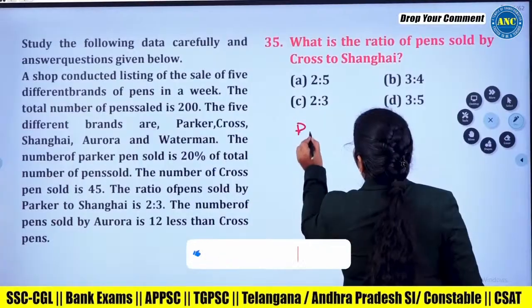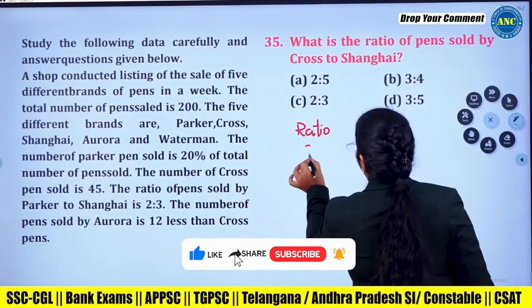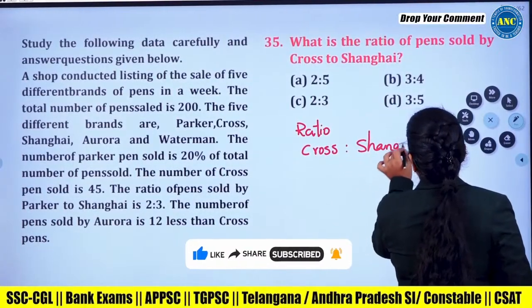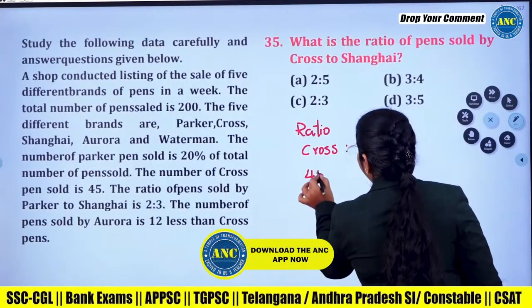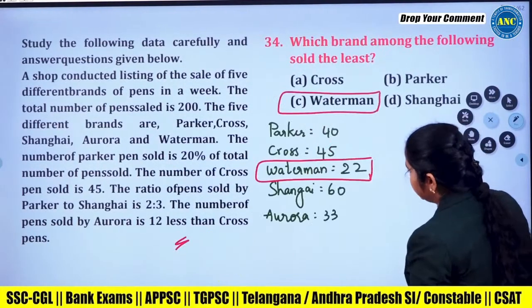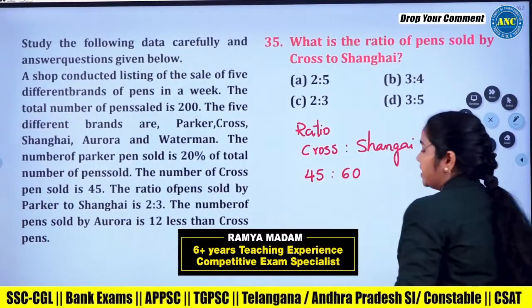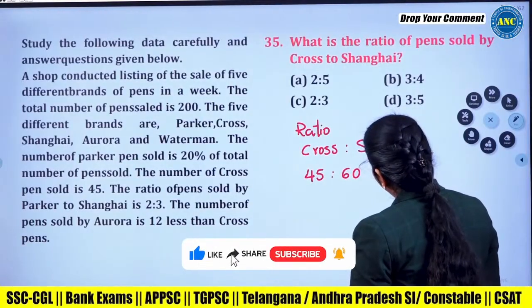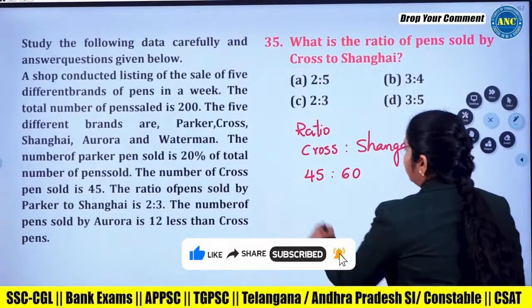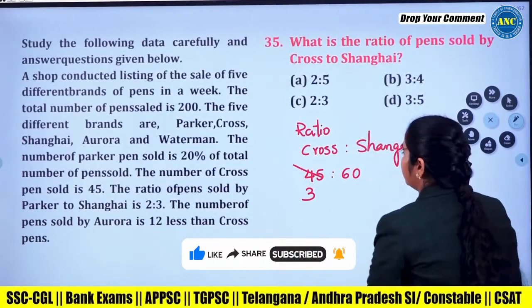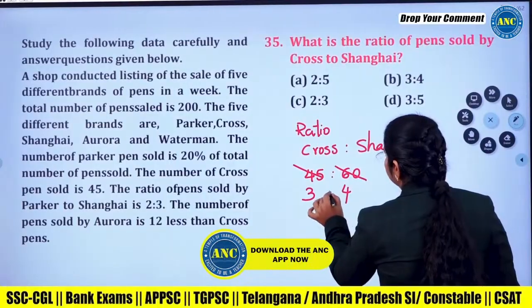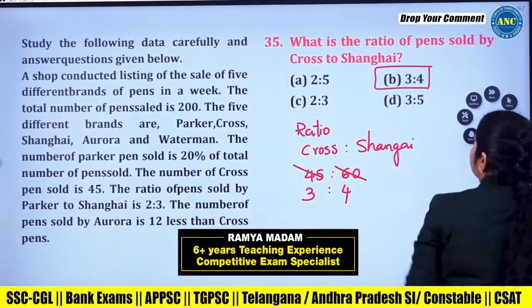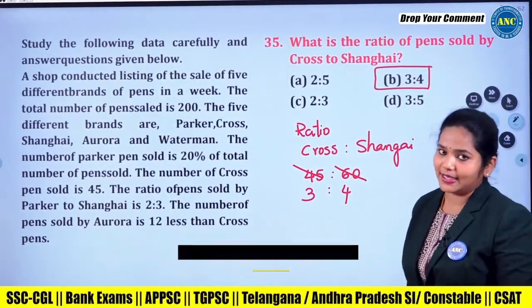Cross is 45, Shanghai is 60. 45 is to 60. Take 15: 15 three times is 45, and 15 four times is 60. Option B, 3 is to 4 is the correct answer.